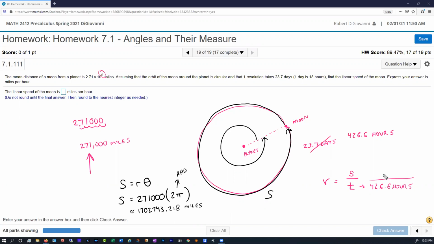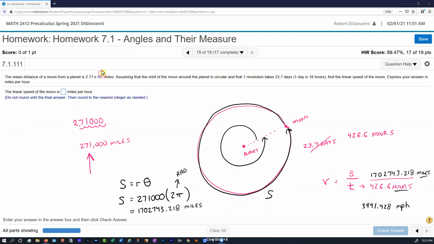And so that goes here, 1,702,743.218. I take that and divide it by 426.6. And that gives me, this was miles, and we're dividing by hours, so our answer should be miles per hour. So 3991.428. I'll just put mph, miles per hour.